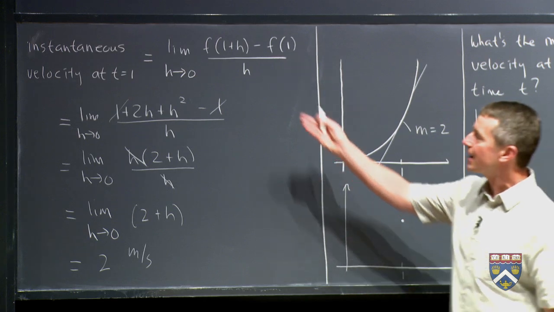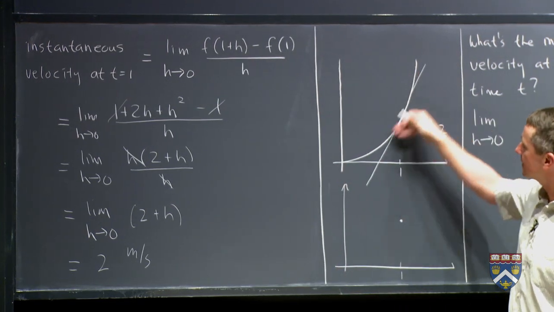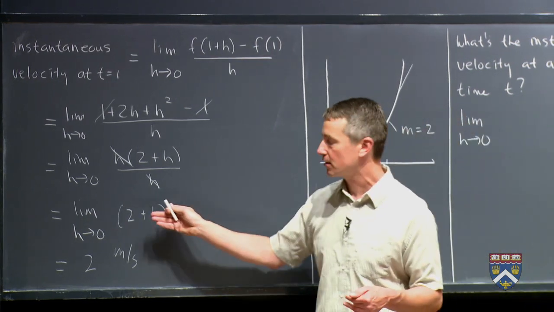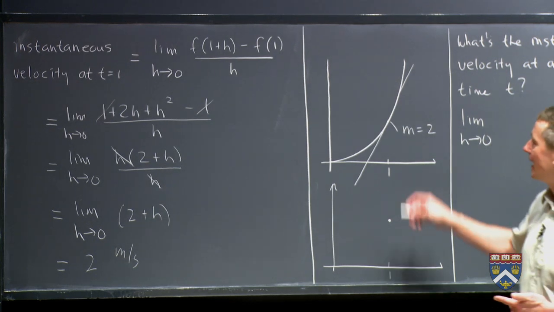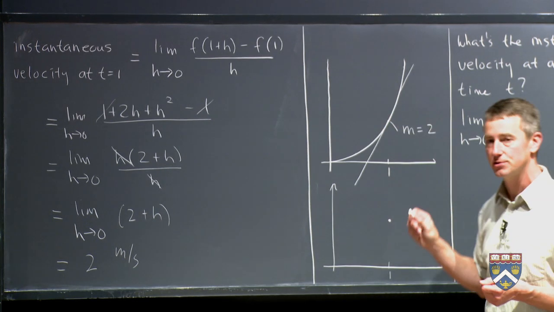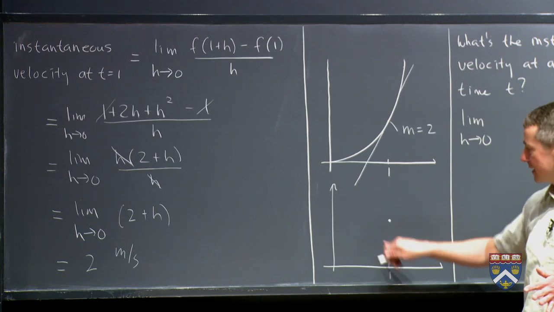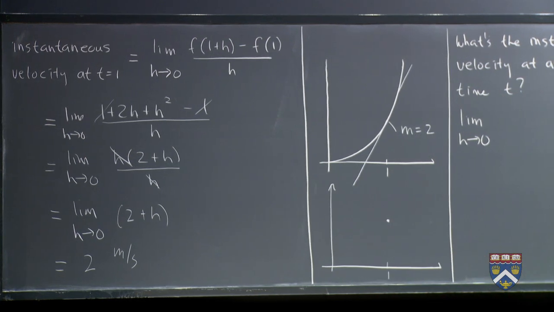We used the entire formula, f of t equals t squared. We put in infinitely many numbers as the values got closer and closer to 1. In other words, as h got closer and closer to 0, we took account of all of those infinitely many values on this curve in order to get our answer of 2. We did not just use the one point. If you just had the one point that the bird was at height 1 at time 1, there's no way to answer the question. We needed the formula for the position.